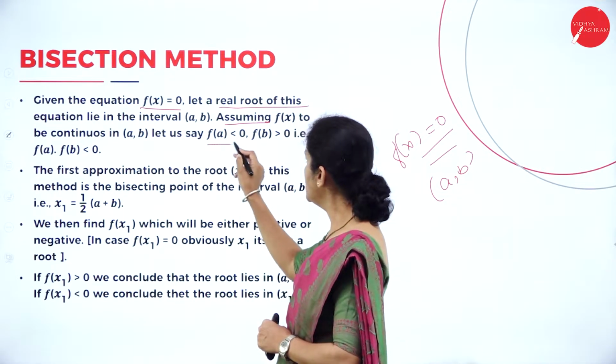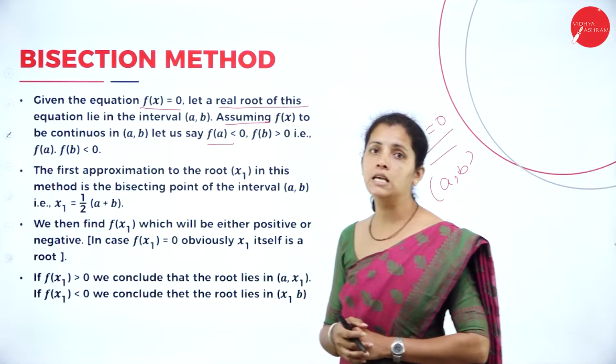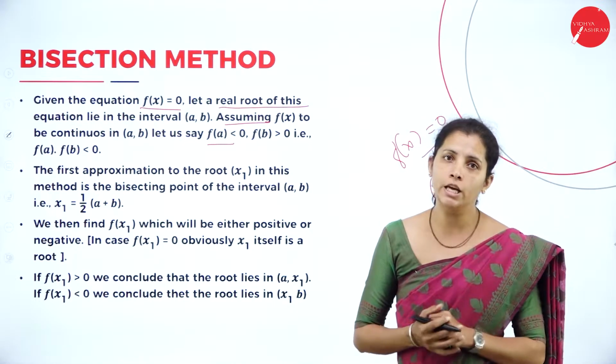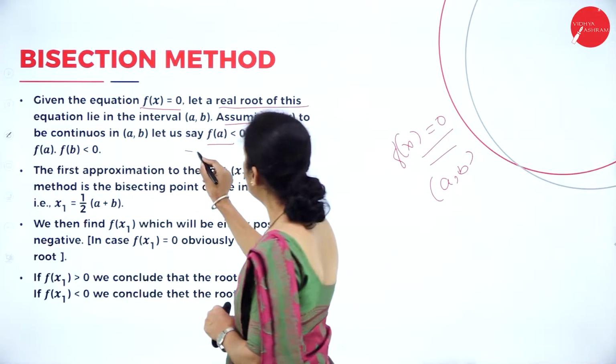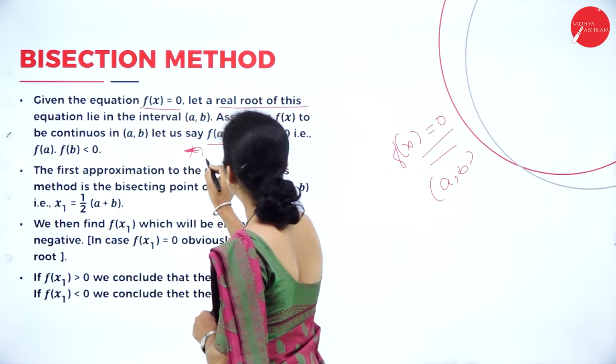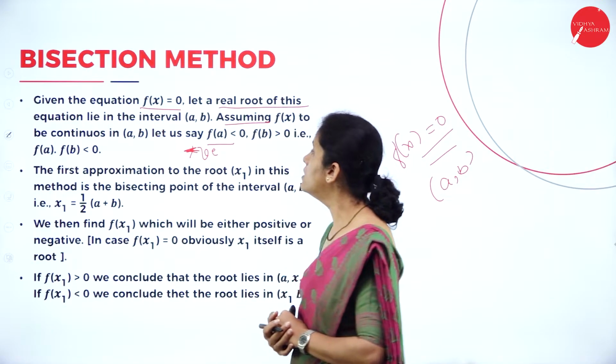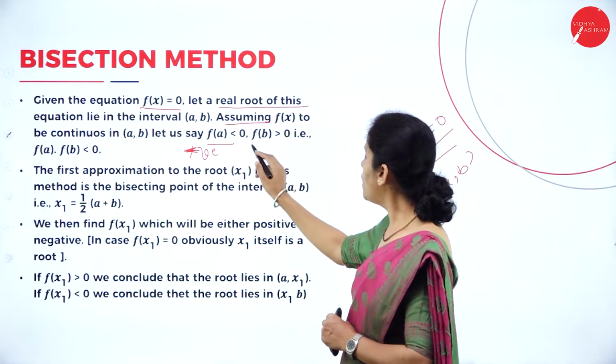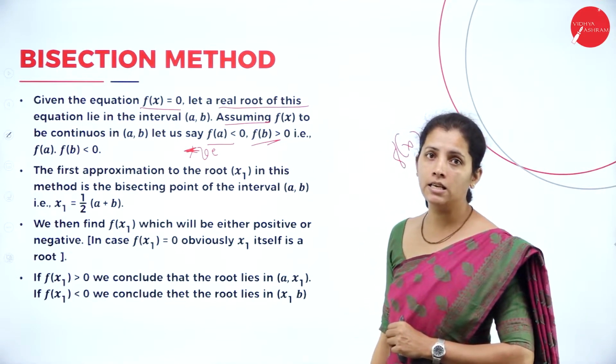So what is the meaning of f(a) < 0? Less than 0 is nothing but all the negative values, so all the negative values fall under f(a) < 0. And what about f(b) > 0?